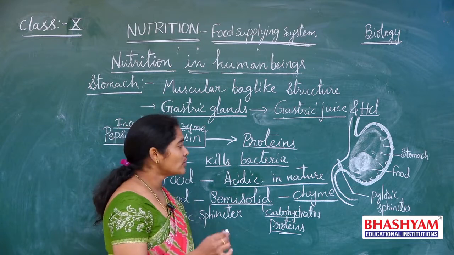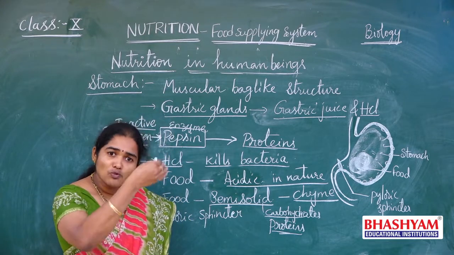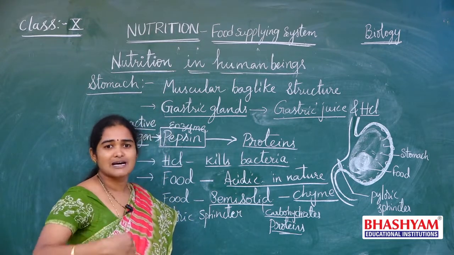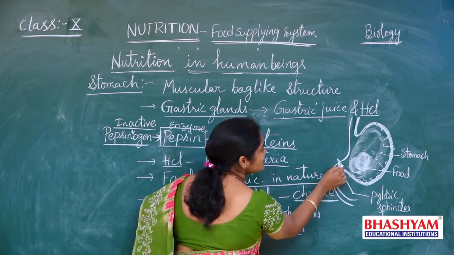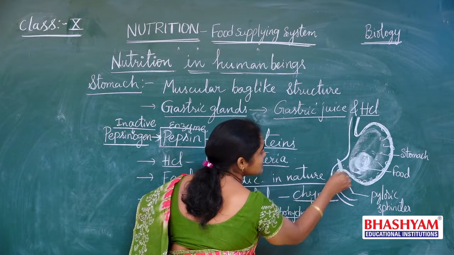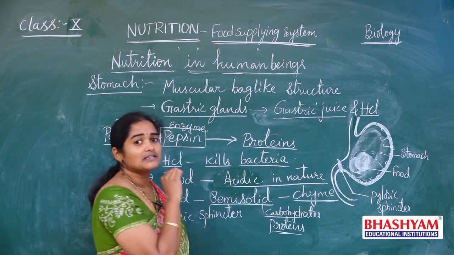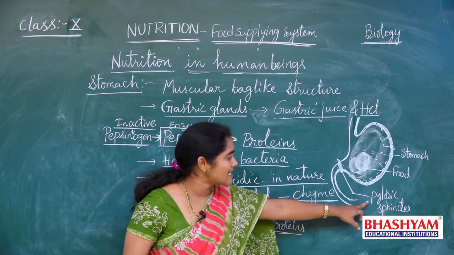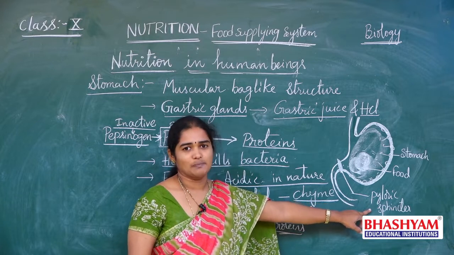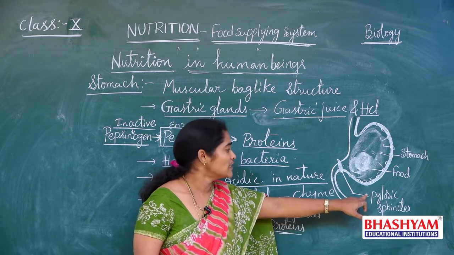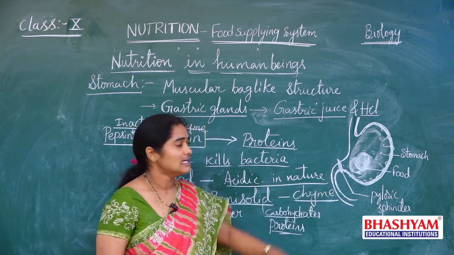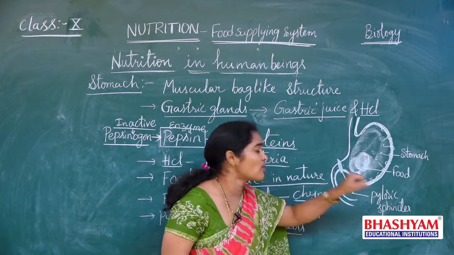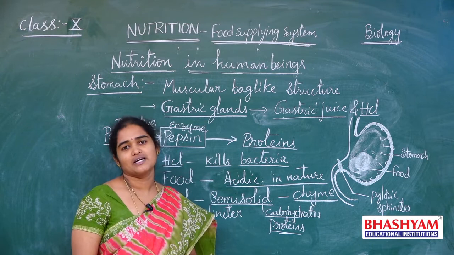To regulate the movement of food materials from the stomach to the duodenum, there is a muscle sphincter present between the stomach and duodenum. That muscle sphincter is called the pyloric sphincter.